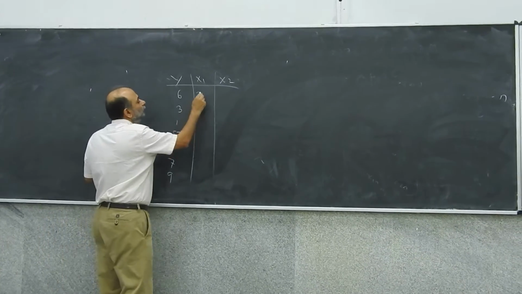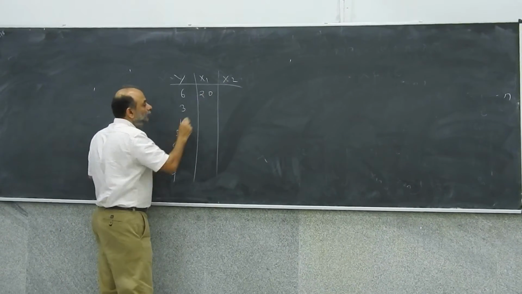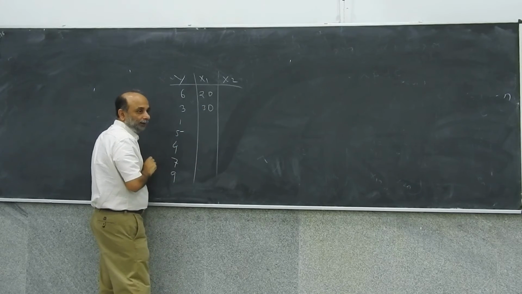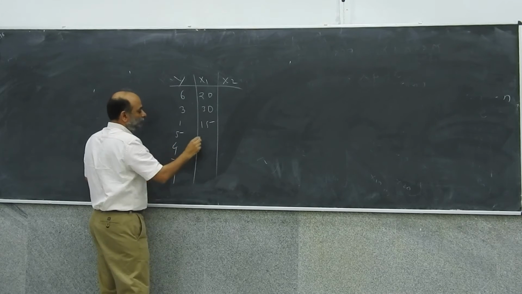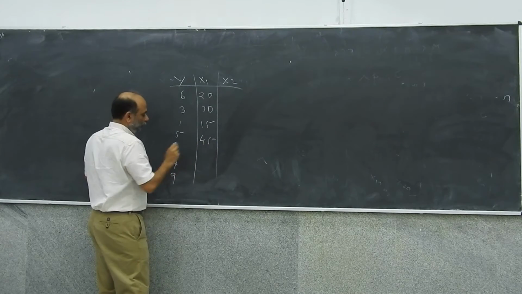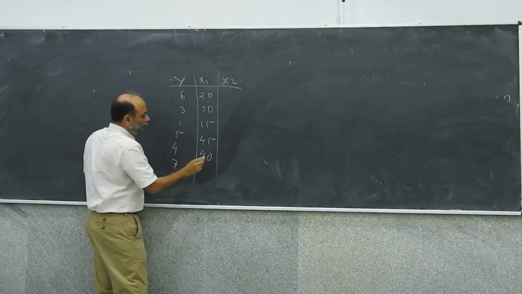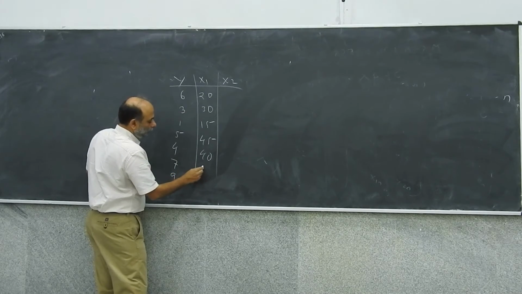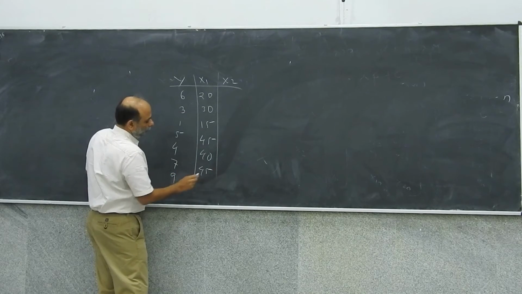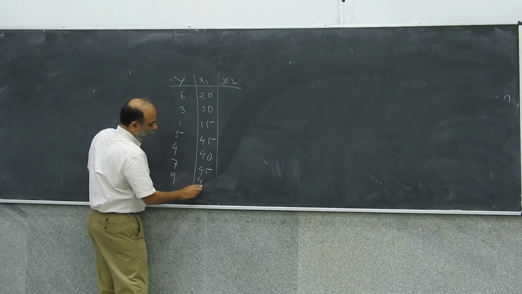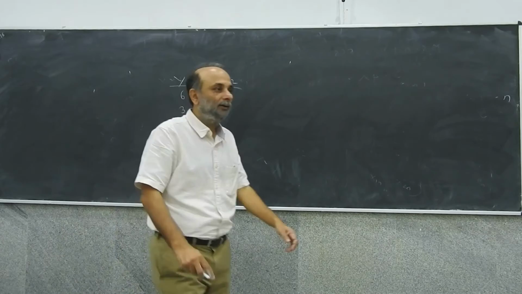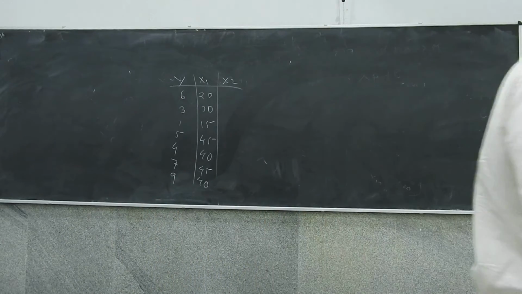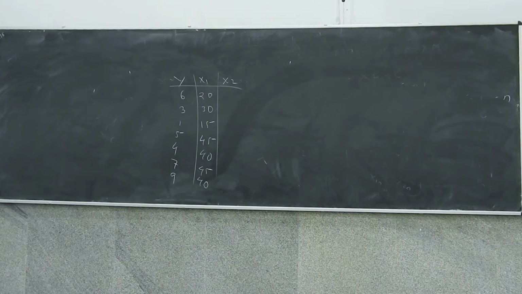So suppose you have 20, 30, 15, 45, 40. So these are x1, the number of lectures you attended out of the 48 lectures that you are supposed to have.